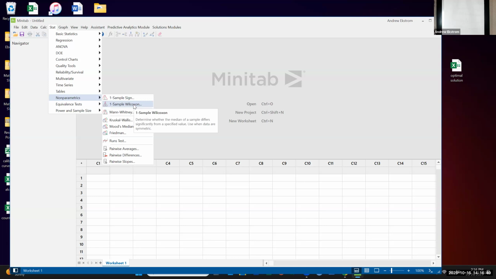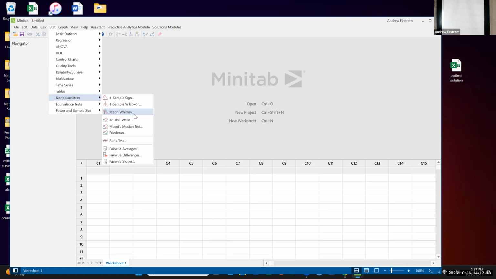That should actually say when data are not symmetric, whatever. So you have non-normal data. You can use this non-parametric here. It's just a matter of clicking buttons. This Mann-Whitney determines whether the medians of two groups differ when the data of both groups have similarly shaped distributions.